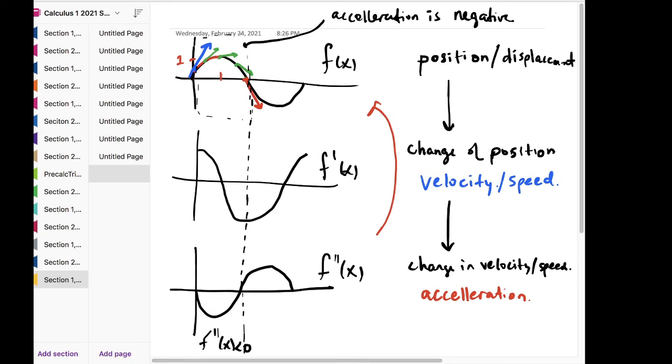Now, at some point, I put it there, what is happening to the speed after this point? How is the speed changing in the second half? It's increasing. So what should the second derivative be? It should be positive.